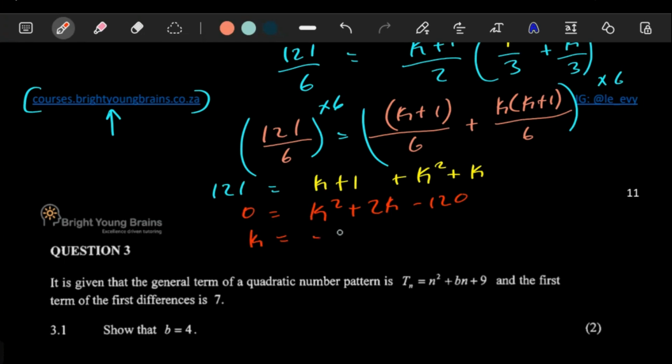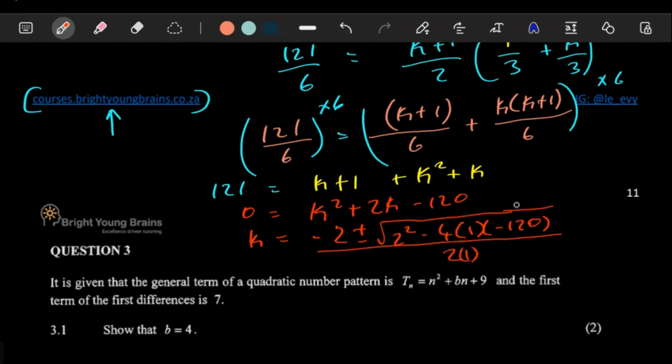You see, k is minus b plus minus the square root of b squared minus 4ac, the whole thing over 2a. There we go.